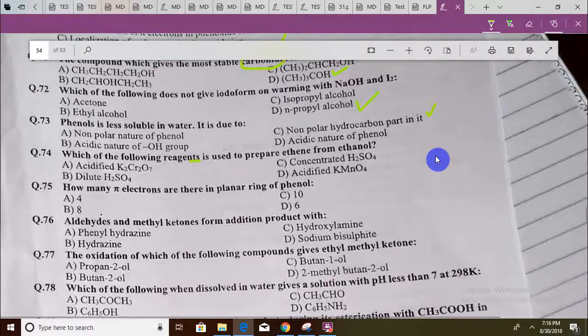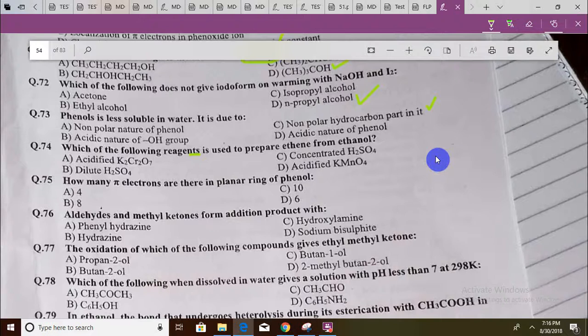So which of the following reagents is used to prepare ethene from ethanol? Let's think about this. Obviously this is a dehydration. Do we need concentrated H2SO4?